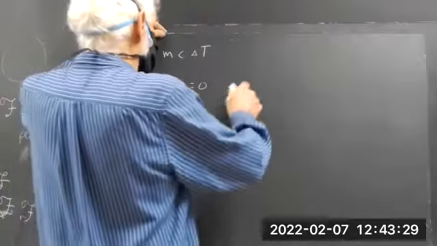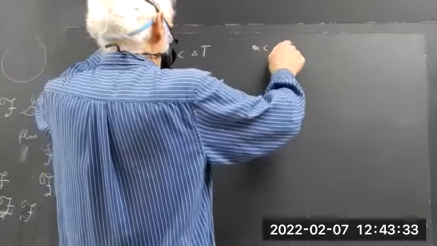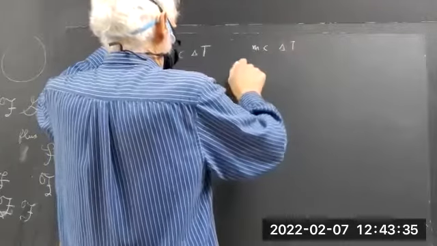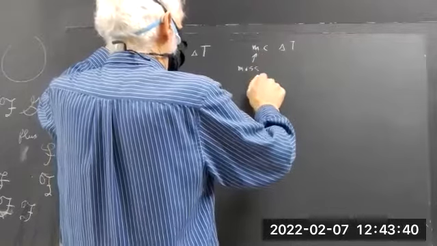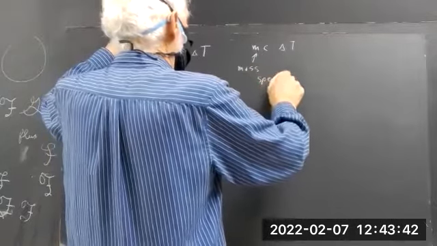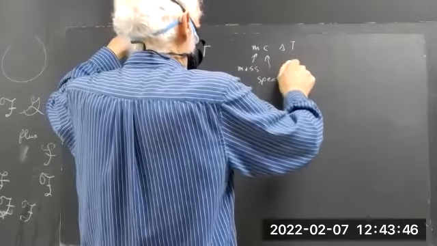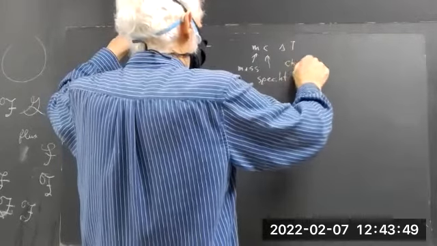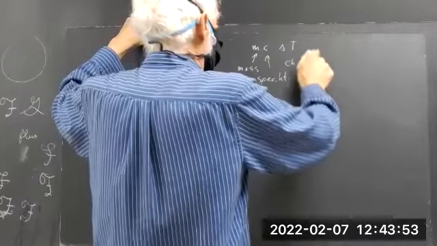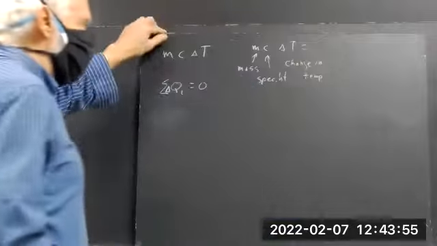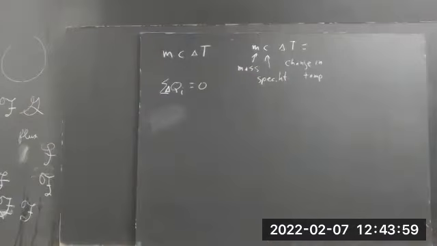So MC delta T: mass, specific heat, change in temperature. And what do you get when you multiply all that out?